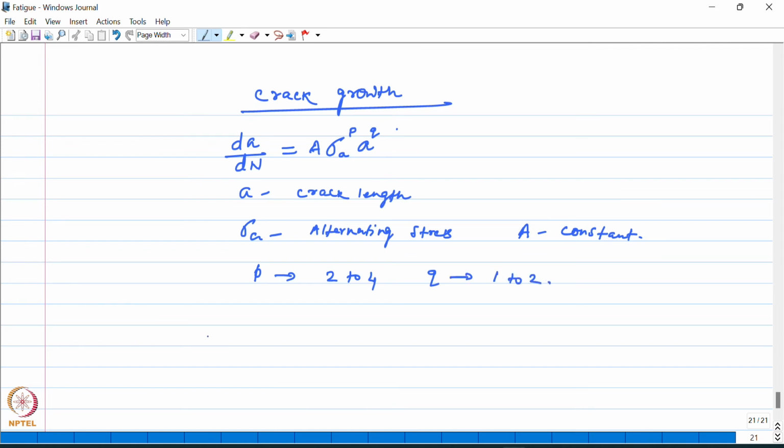This can be also expressed in terms of the total strain through an equation like this.